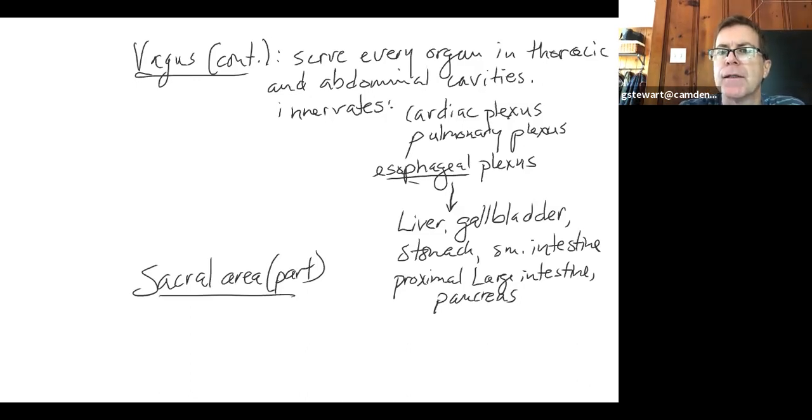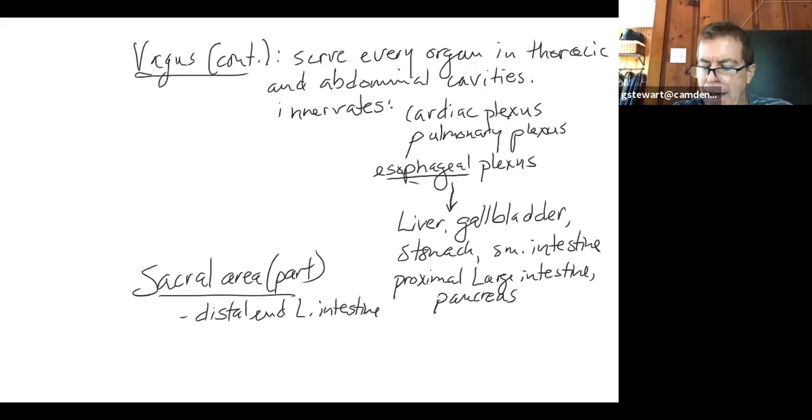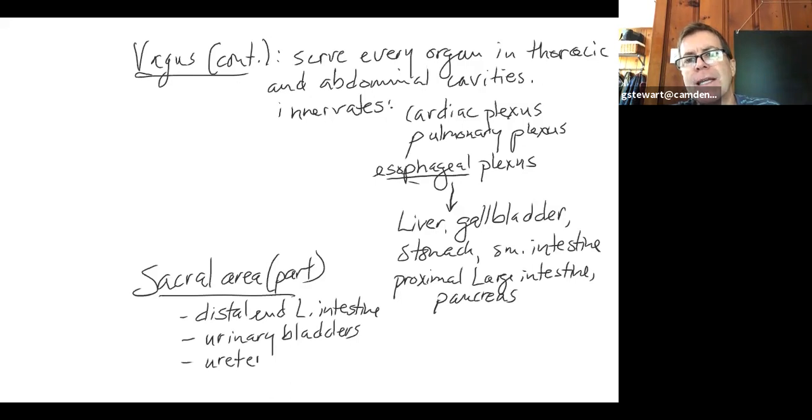This innervates the lower distal end or part of the large intestine and urinary bladder, the ureters, which are the tubes that run from the kidneys to the urinary bladder. That shouldn't have an S after it. Urinary bladder. And finally, the genitals, male and female reproductive organs.